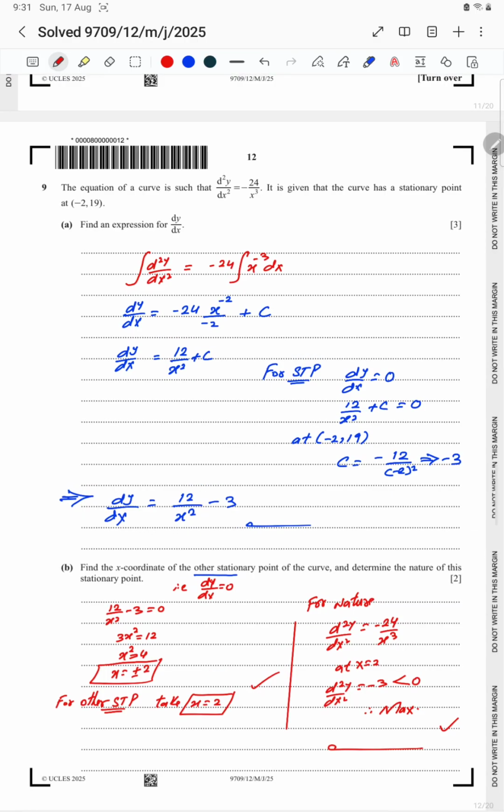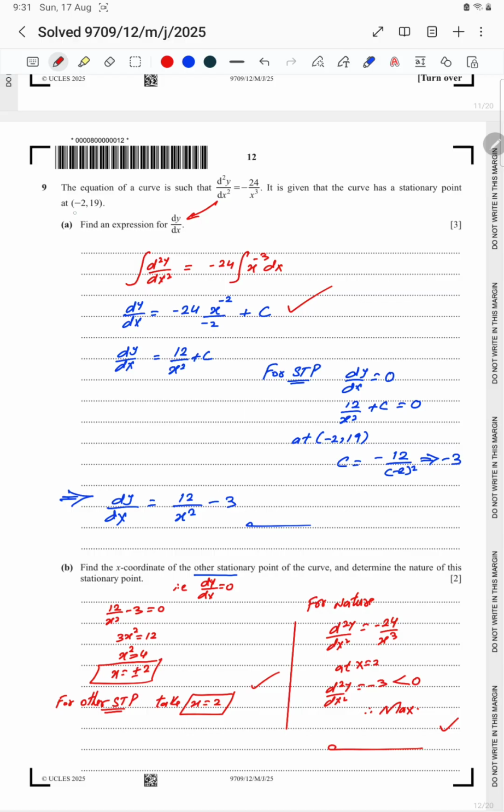Next question number 9. The equation of the curve is such that the second derivative is given to you, and it is given that the curve has a stationary point at (-2, 19). Find an expression for dy by dx. From second derivative to first derivative, we need to integrate the function. We integrated it and added the constant of integration c.